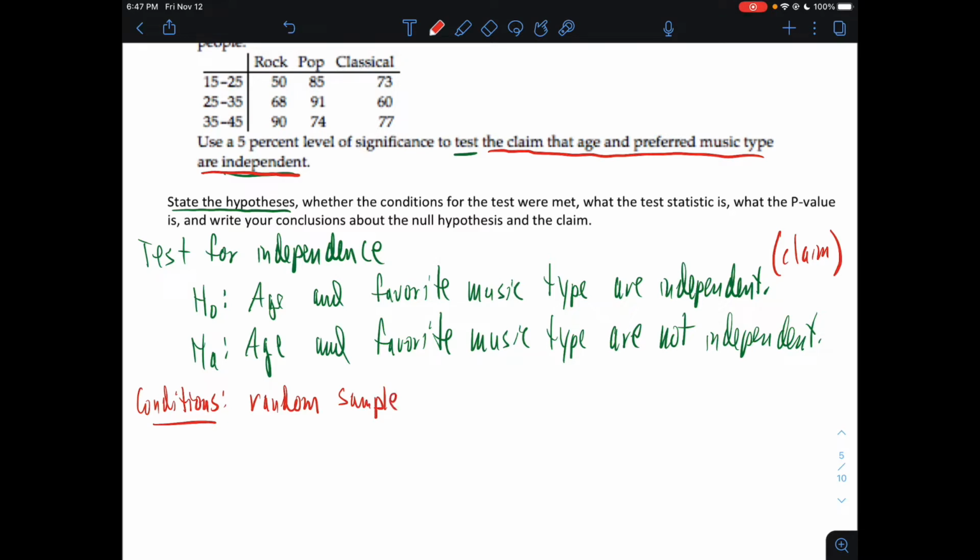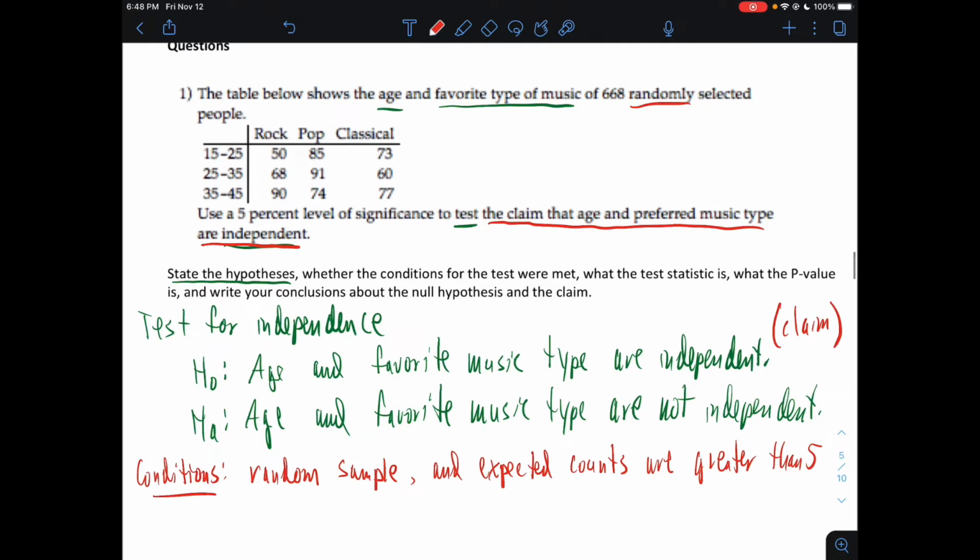And then we need to test that the expected counts are greater than 5. So here's a great example of how we can find our expected counts.